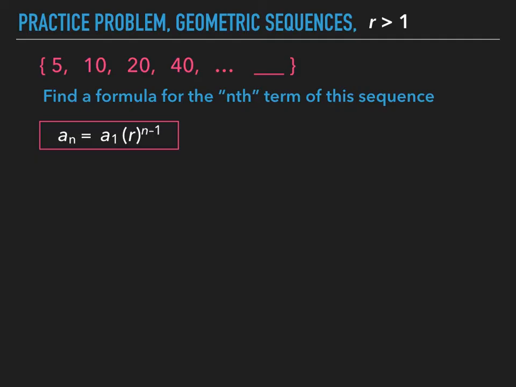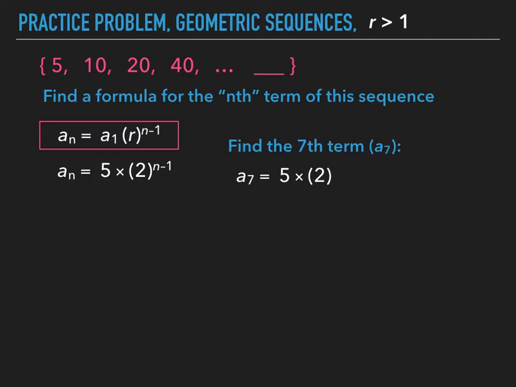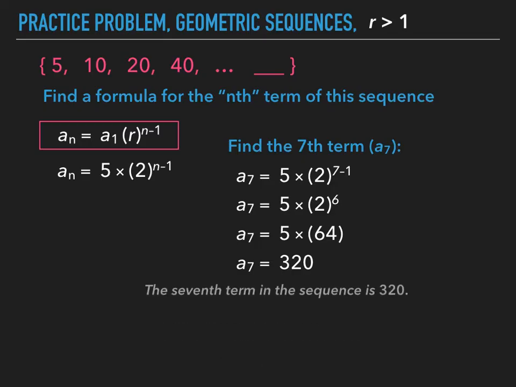In this case, a sub 1 is 5, and my r, my common ratio, is 2. So to find the 7th term in this sequence, a sub 7, it's going to be 5 times 2 to the 7 minus 1. That's 5 times 2 to the 6th. That'll be 5 times 64, which is 320. The 7th term in this sequence is 320.